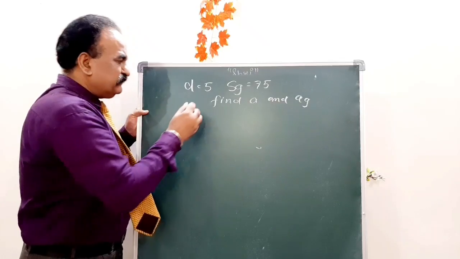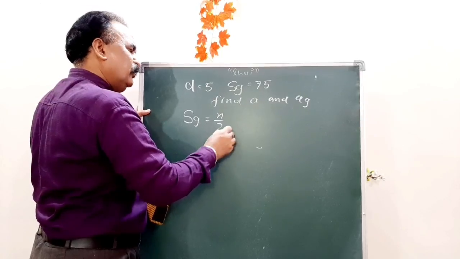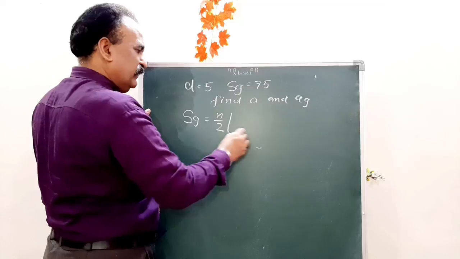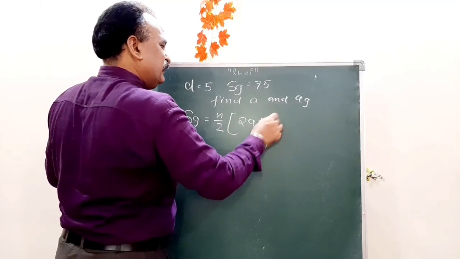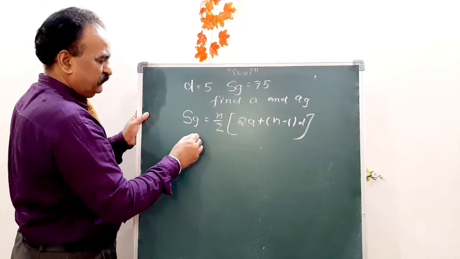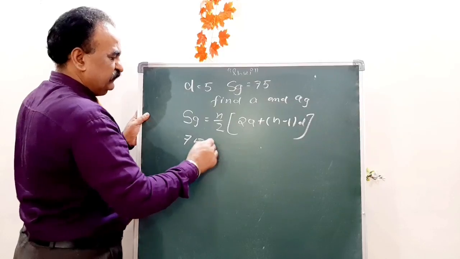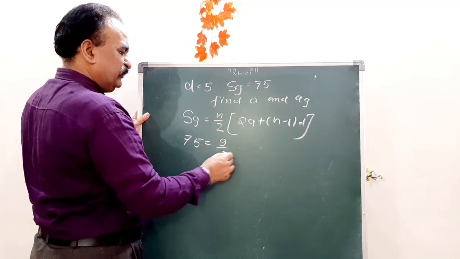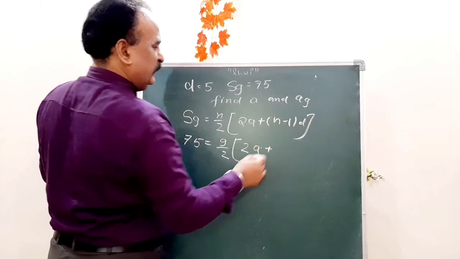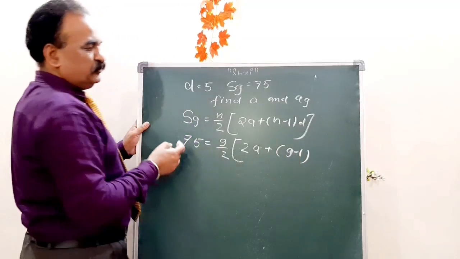Sum of 9 terms means S9 is equal to n by 2, where n is 9, into 2a plus (n minus 1) into d. So S9 is 75. It means 75 is equal to 9 by 2 into bracket 2a plus (9 minus 1) into d, and d is 5.